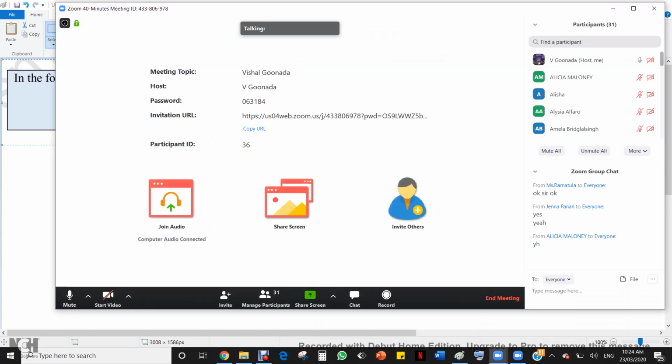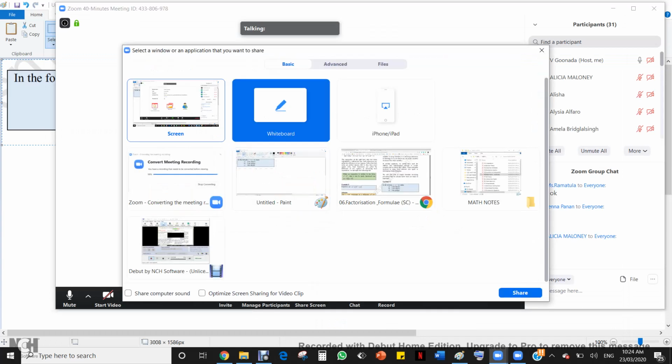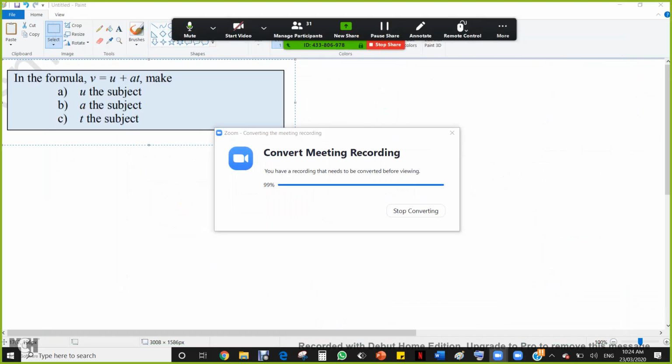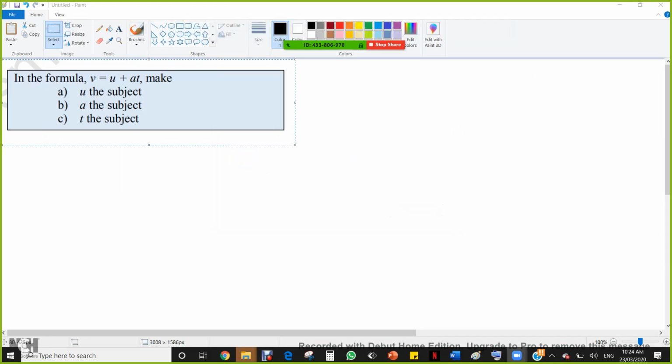Just a minute. Okay, I will not use the whiteboard. I will use Microsoft Paint instead, right? So everybody seeing the formula up on the screen here? Yes. All right. So V, oh good Lord, just a minute. Let me see if I can use a fatter brush.